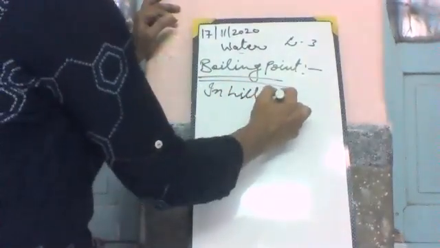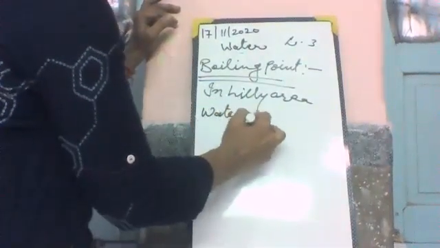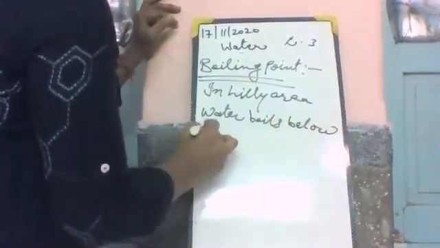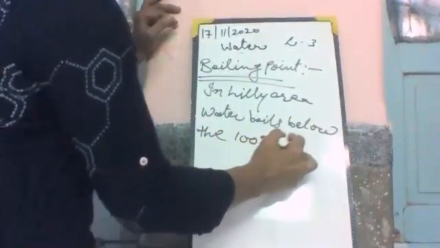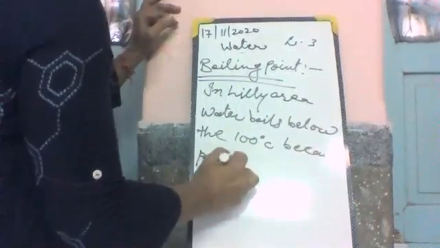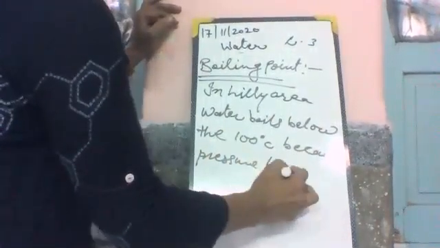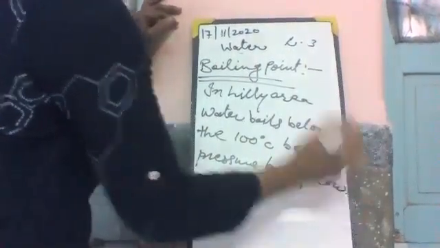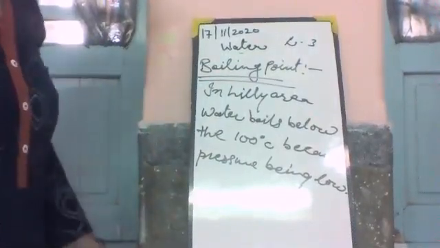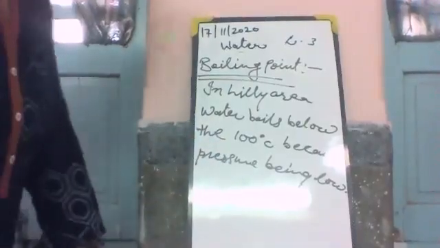Water boils below 100 degrees because the pressure is low. Due to this, there is a problem of cooking, because they require too much time to cook food.